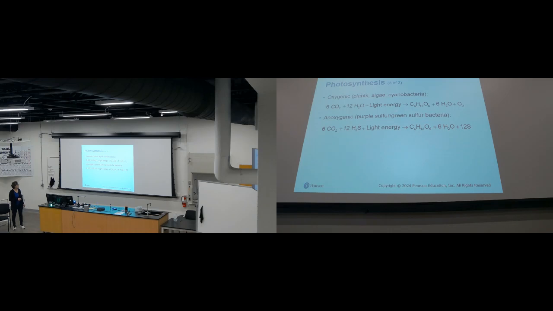In this case, for the anoxygenic, the donor of electrons is going to be sulfur. So they use 6 molecules of carbon dioxide, 12 molecules of hydrogen sulfide, and light energy to generate carbohydrates, water, and 12 molecules of sulfur.